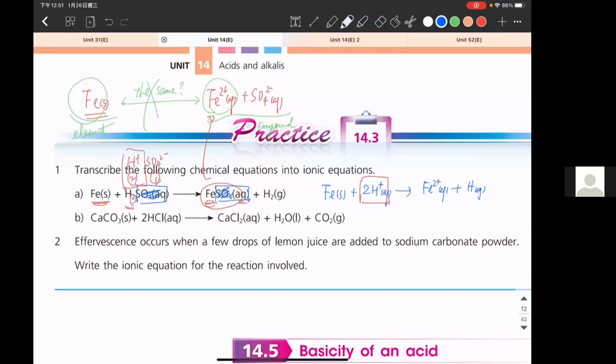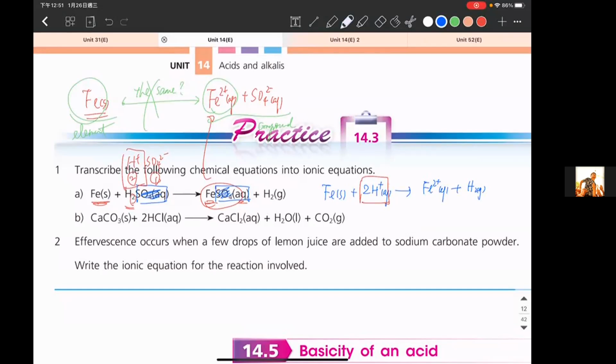Calcium ion. Calcium ion is a spectator. Agree? No. No. Why not? Are they identical? Are they exactly the same?